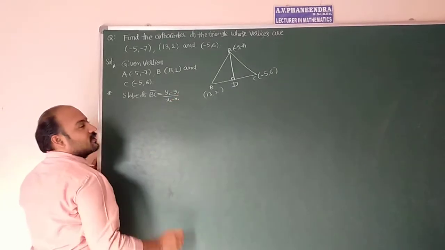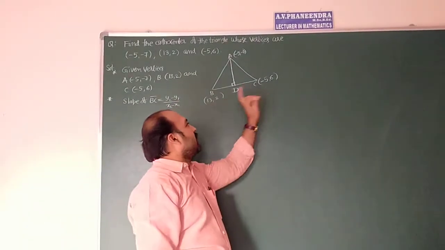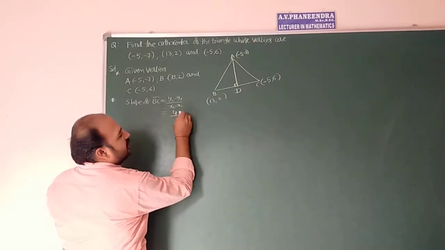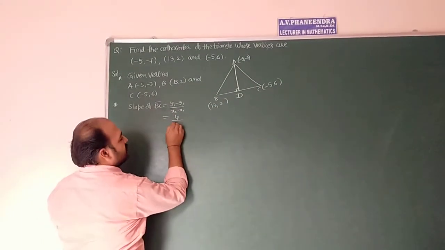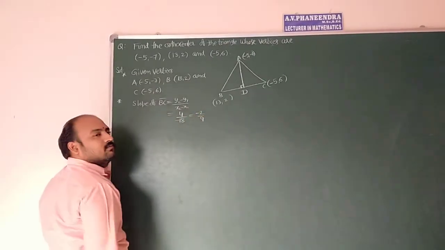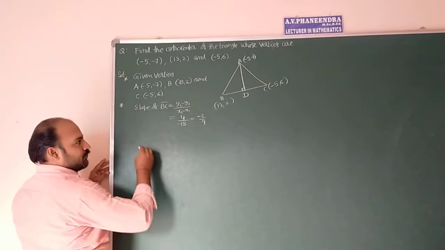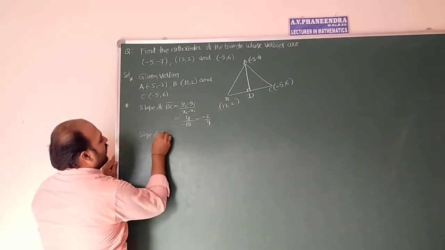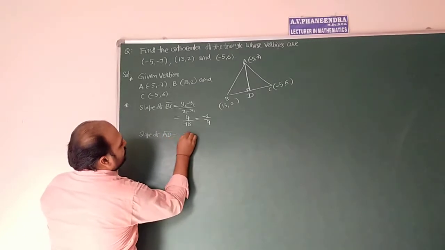Next step we won't write like this, you have to remember: x1 y1 x2 y2, 6 minus 2 is 4, by x2 minus x1, -5 minus 13 is -18, which is equal to -2 by 9. Slope of AD is equal to m.